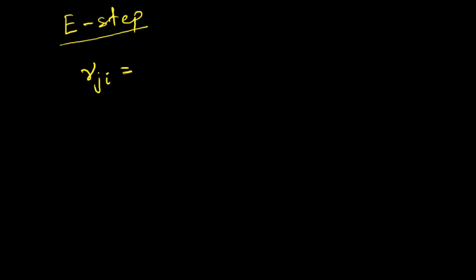So what we ask is that for a given data point, what fraction of the assignment should be to cluster point 1, what fraction should be to cluster point 2, and so on. So that is a weighted manner of assigning clusters to a set of given data points.